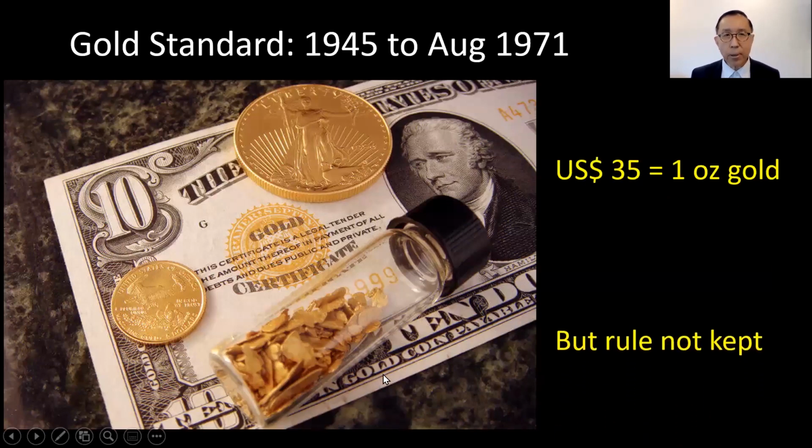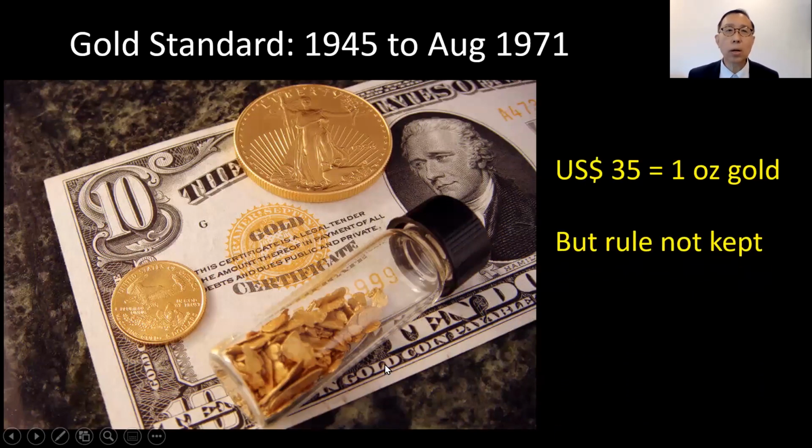Just a recap, during those days, we were all on the gold standard, which means that if you're going to print 35 more US dollars, you must find 1 ounce of gold before you do that. But the Americans didn't do that. They printed more dollars than they had gold. A lot of the central banks in Europe and Japan realized that in the late 60s and early 70s, and they began to exchange their US dollars for gold.